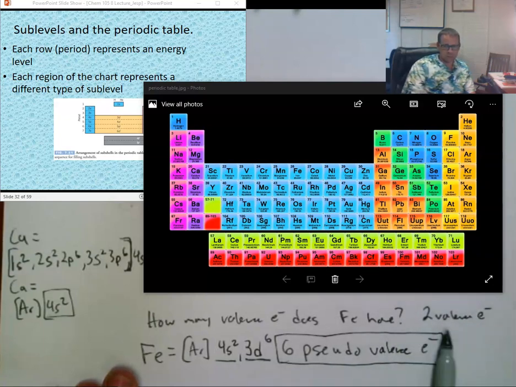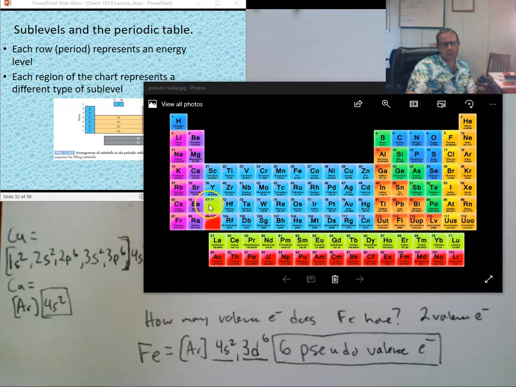It's usually just about valence electrons, which are identified because they have the highest N value. But pseudovalence electrons are important for understanding different properties of elements. Specifically, we can now begin to understand why transition metals form the charges that they do.